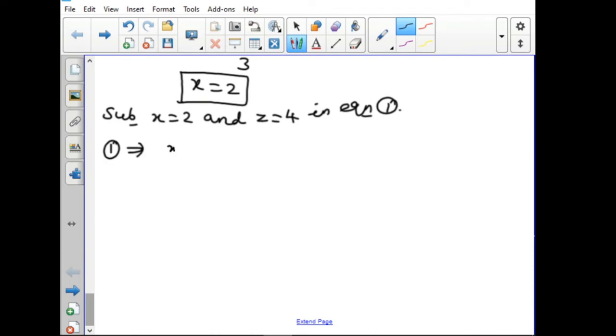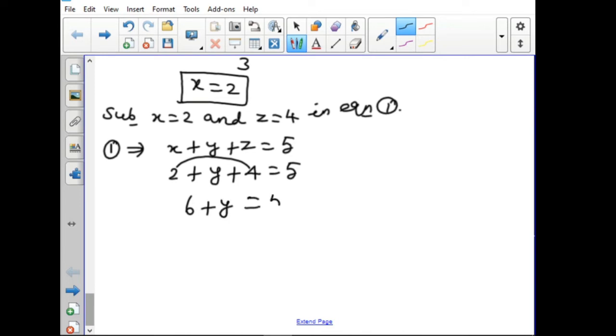Equation 1 is x plus y plus z equal to 5. x will be 2, so 2 plus y plus z will be 4 equal to 5. 2 plus 4 means we are getting 6. 6 plus y equal to 5. So y equal to 5, this 6 goes to the other side as minus 6. So y equal to minus 1.